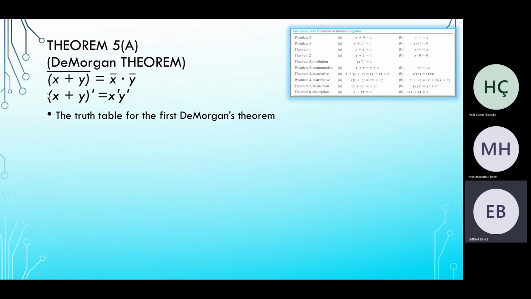Or we can write it in this form with the prime: (x or y) prime equals x prime and y prime. So what we are doing here is getting the complement of the variable and the dual of the operator. If it is OR, it goes to AND. If it is AND, it goes to OR.